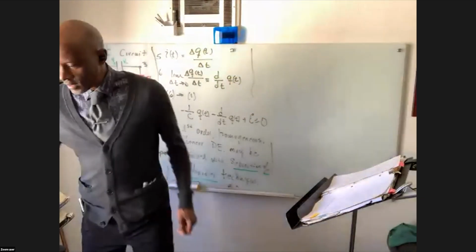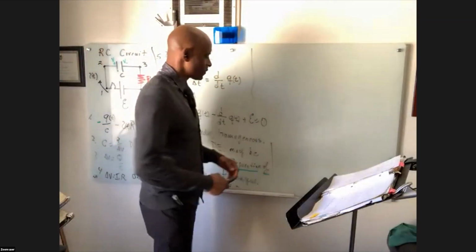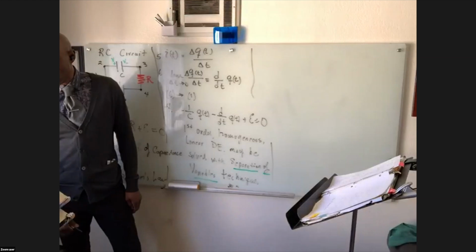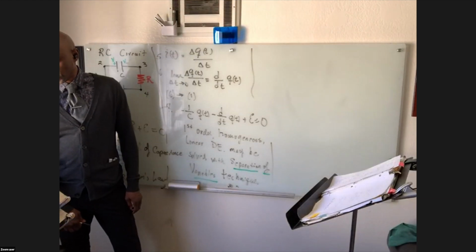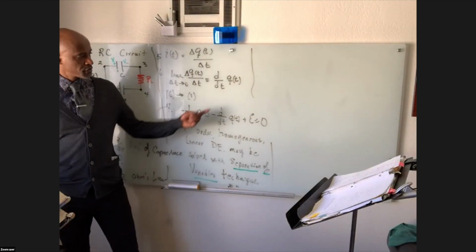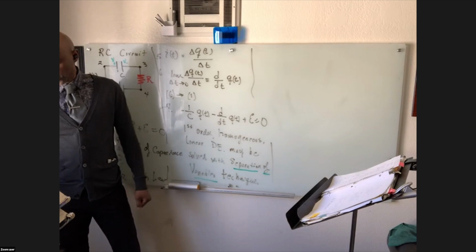What about you, Jason? Have you had separation of variables, or do you know what I'm talking about? Have you solved differential equations like this before? Yeah, you're supposed to multiply dt to the other side. So you get q and dq on one side and everything else on the other side of the equal sign.